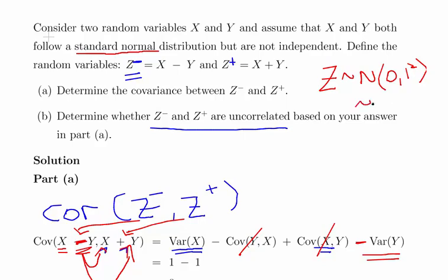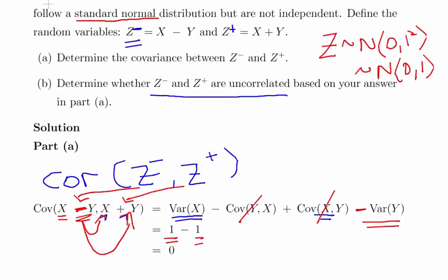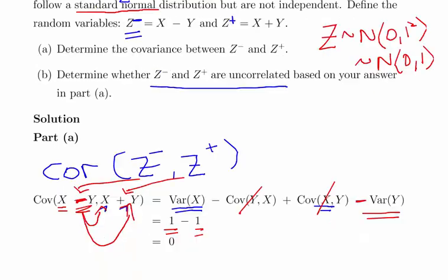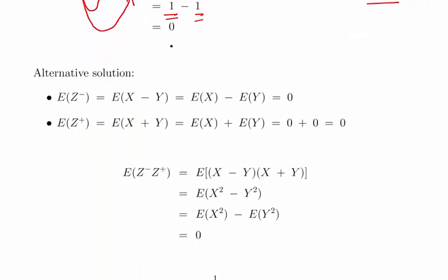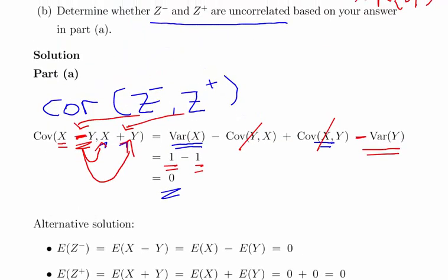You can rewrite it as 0 and 1 if you want, understanding that's the variance. The standard normal distribution is commonly called the Z distribution. So that means the covariance works out to be 0.